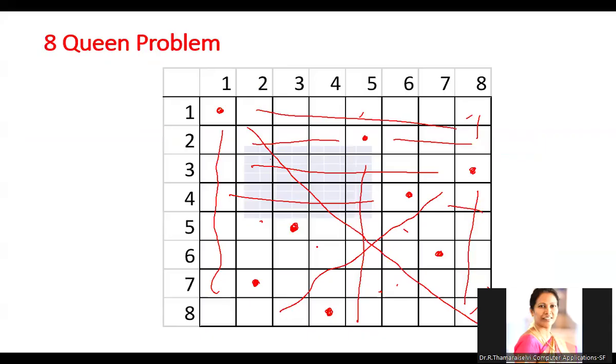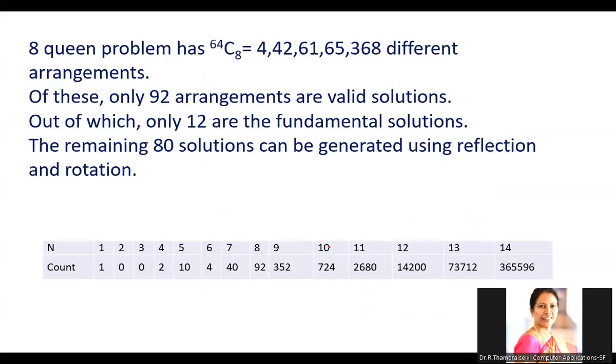Reflection is nothing but you can rotate this board, and you can see the first queen can be placed in the third column, the second one in the sixth column, something like that. So the original is 12 fundamental solutions.